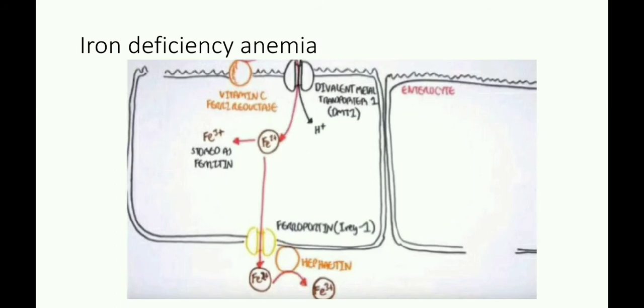By this protein, the ferrous form is converted into ferric form. Then it leaves the basal surface of this enterocyte via another transporter, called ferroportin. By this ferroportin transporter, the iron leaves the enterocyte and reaches the bloodstream.